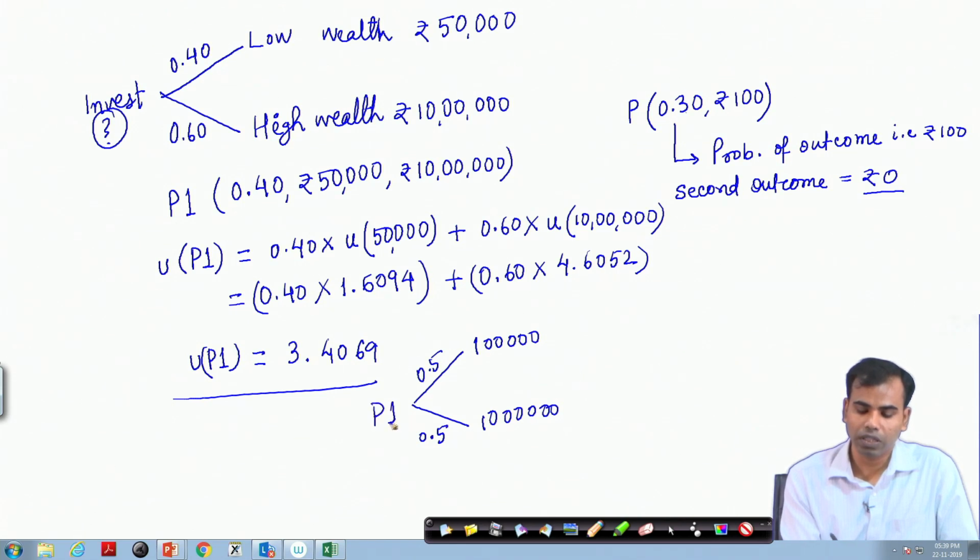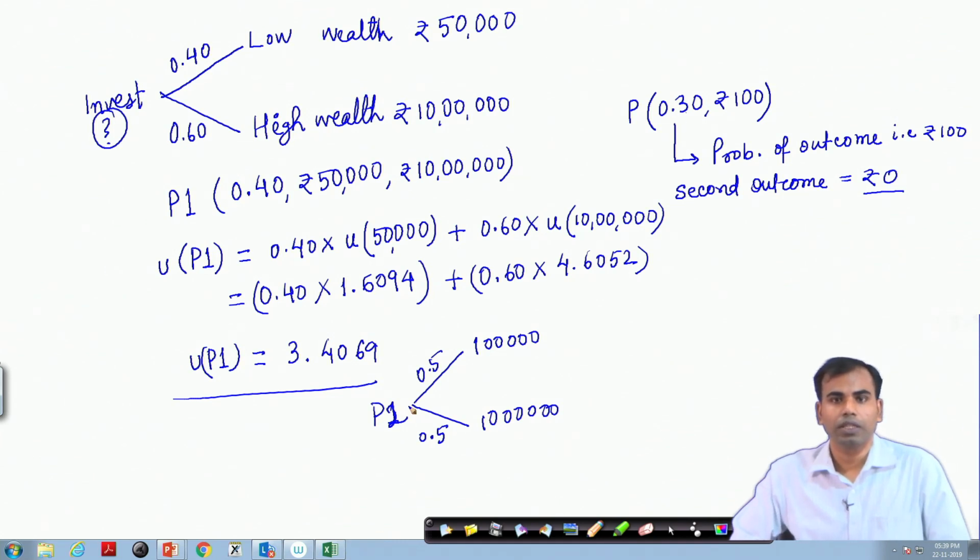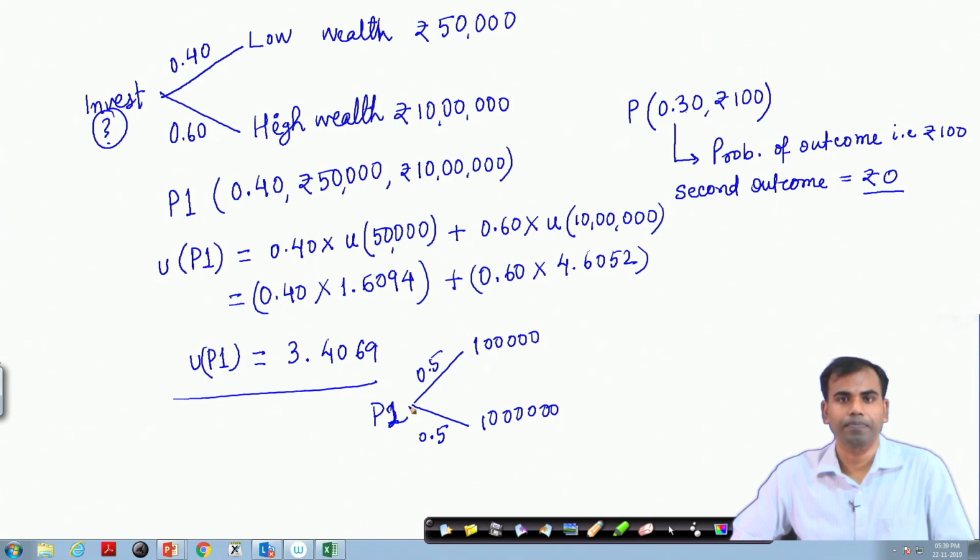So, if this is your prospect 2, where if you invest the same amount of money, you can get either 1 lakh rupees or 10 lakh rupees, and the possibility of these two situations is given by the equal probabilities of 50-50.